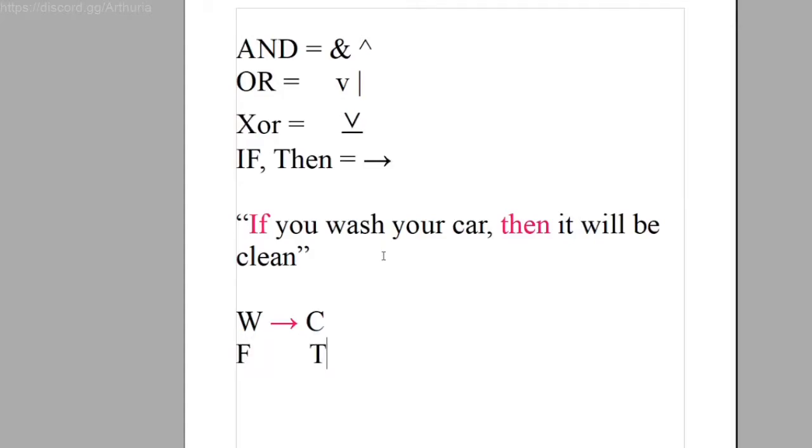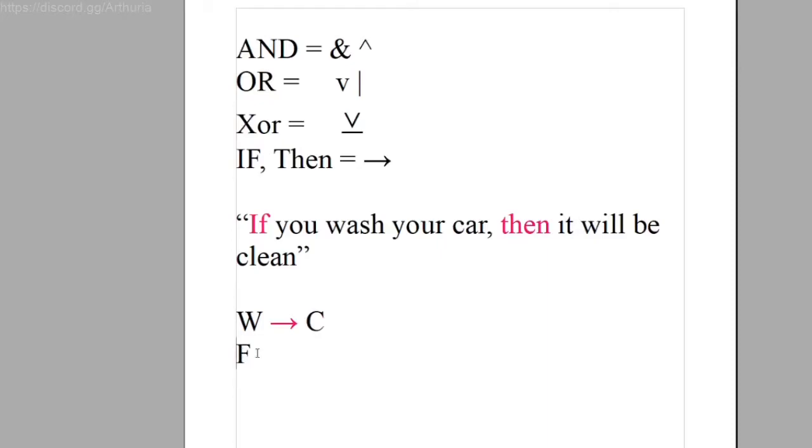Right. If it's false that you wash the car, and it's true that the car is clean, then I have lied to you with this if then statement. Sorry, wrong way.